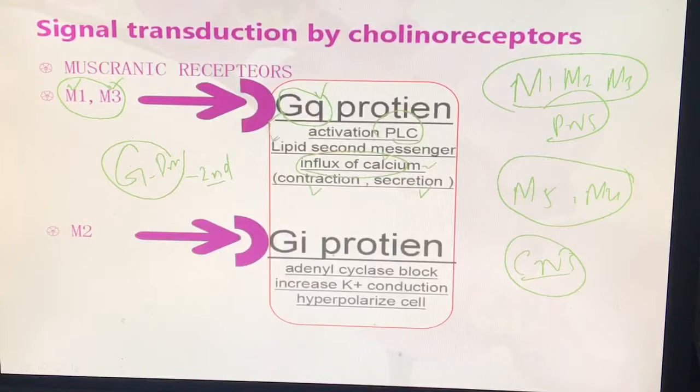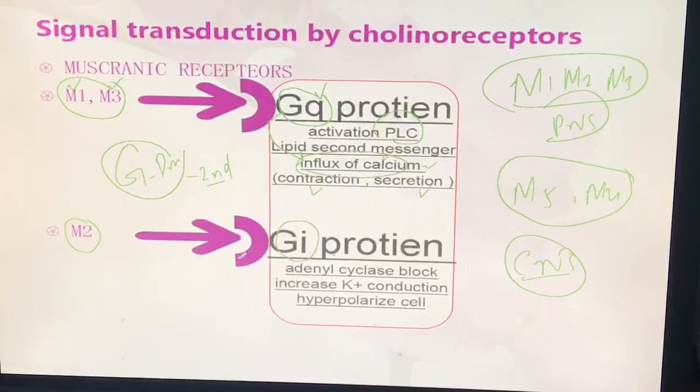The Gq protein increases the level of calcium, so M1 and M3 receptors are present over smooth muscle and some glands for secretion and for contraction.